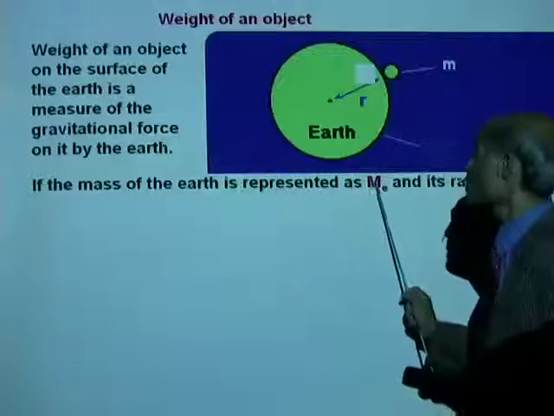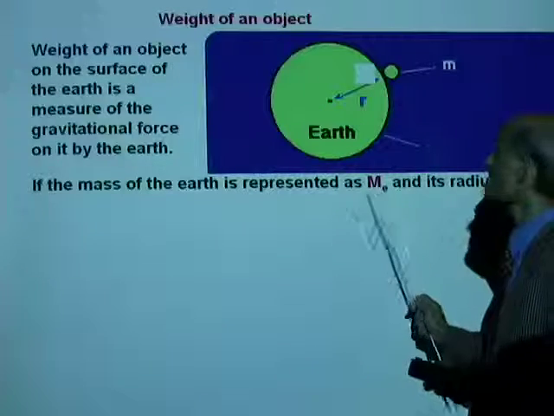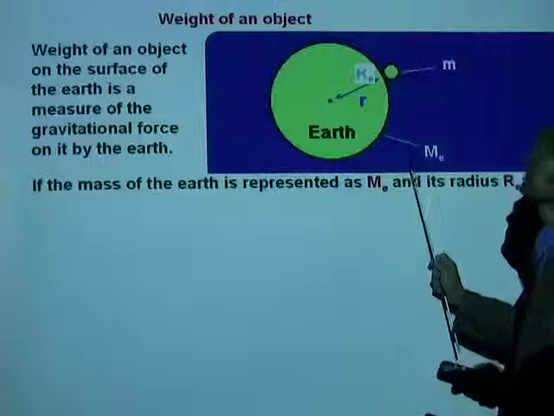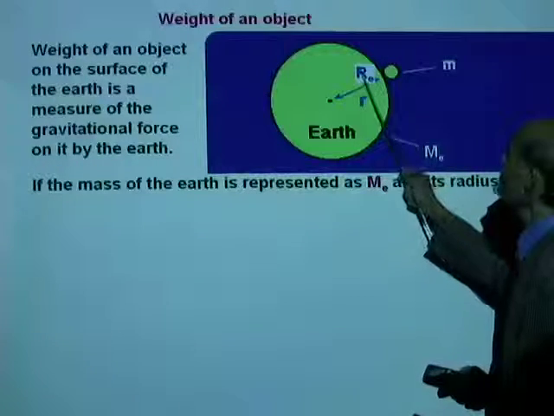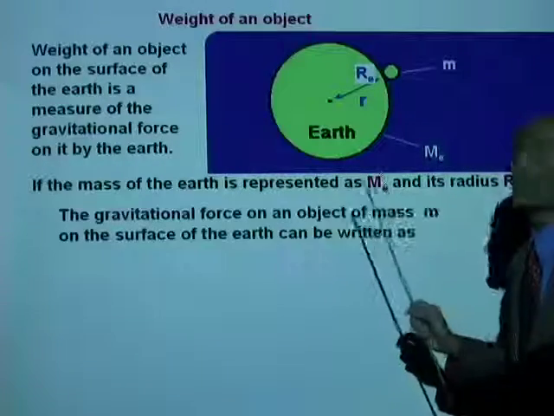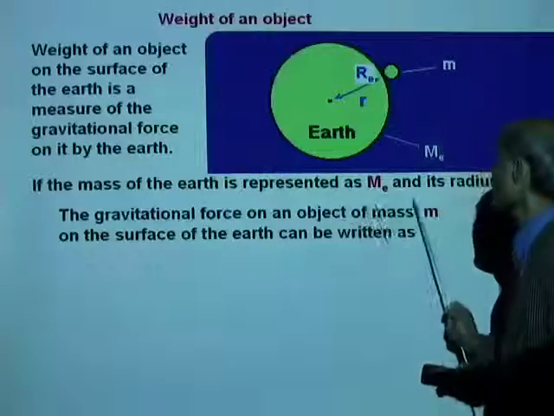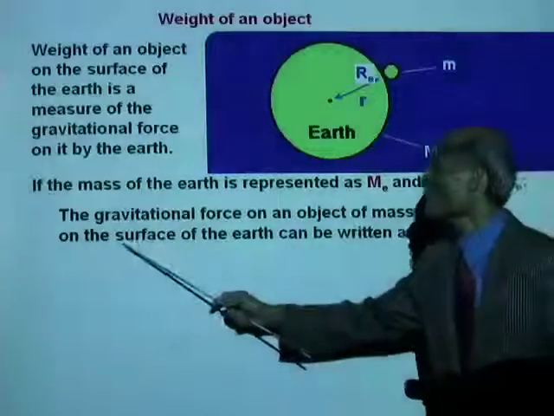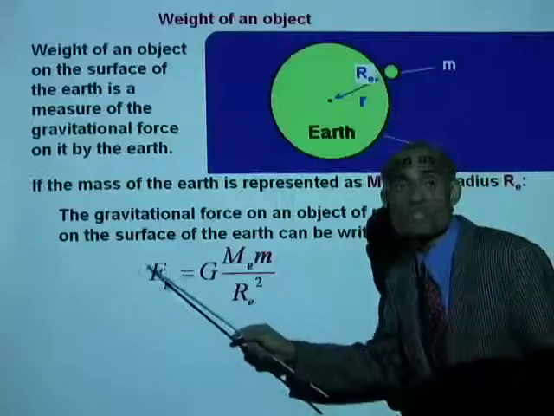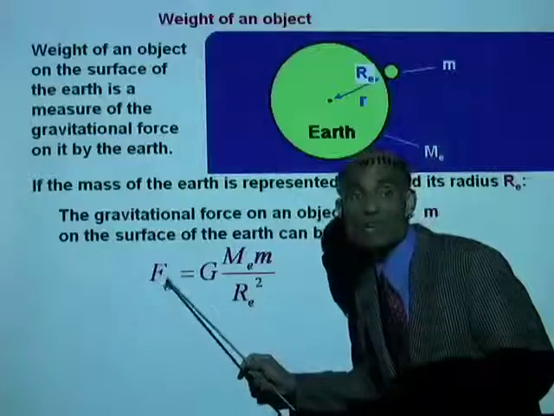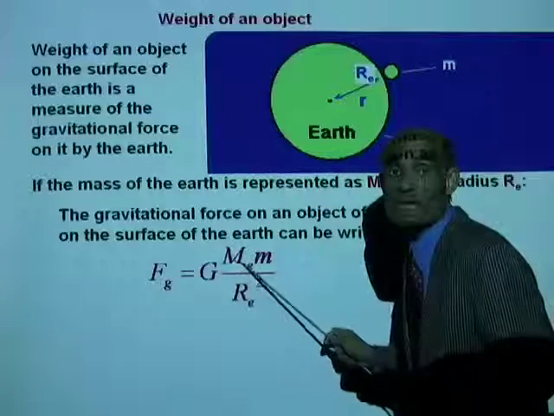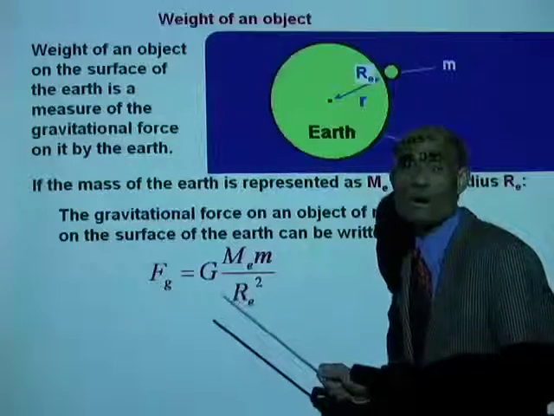If the mass of the earth is represented by m sub e, and its radius is r sub e. Alright, the radius of the earth is r sub e, the mass of the Earth is m sub e, the gravitational force on an object of mass m on the surface of the Earth can be written as Fg. What does Fg stand for? Gravitational force on this object is G times m e times m over r e squared.